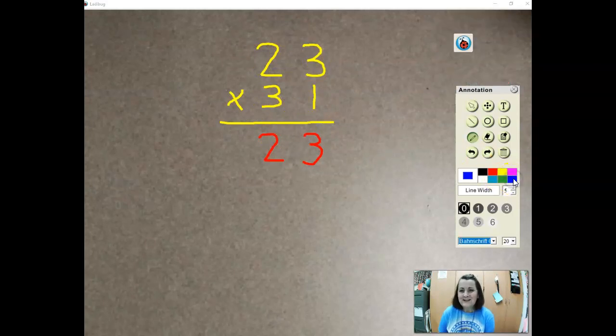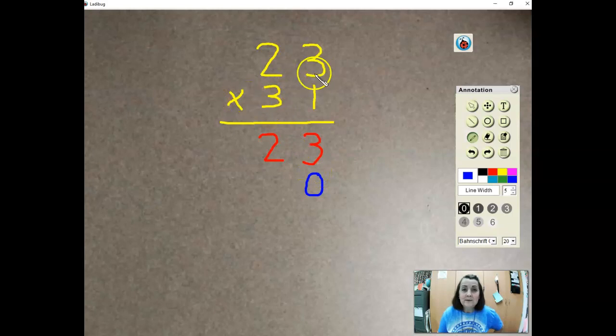Now I'm going to change colors on my pen, and now we're going to multiply 30, because that digit of 3 is in the tens place, so it's actually 30. 30 times 3. So we're going to put this 0 here in the ones place because this is in the tens place, so we need to put that 0 first.